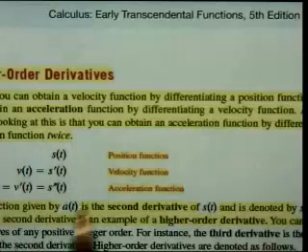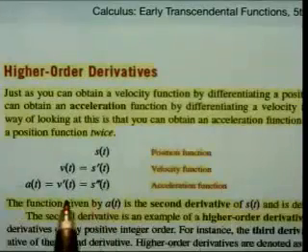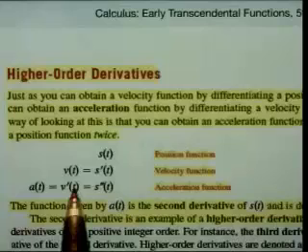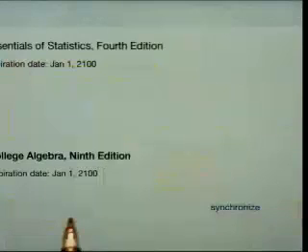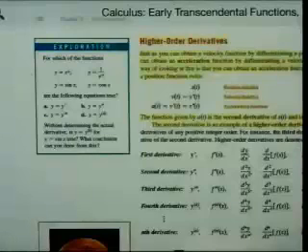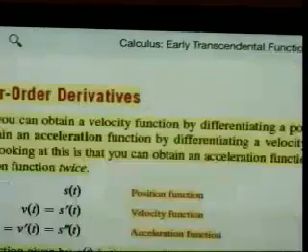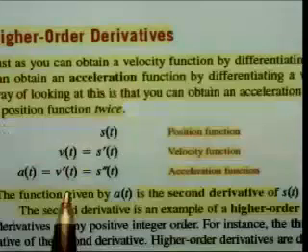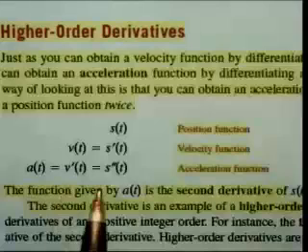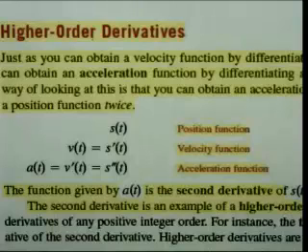So if s of t is the position function, s prime of t is the velocity function, and the derivative of the velocity function, which is the second derivative of the position function, is the acceleration function. The acceleration function is an example of a higher order derivative.